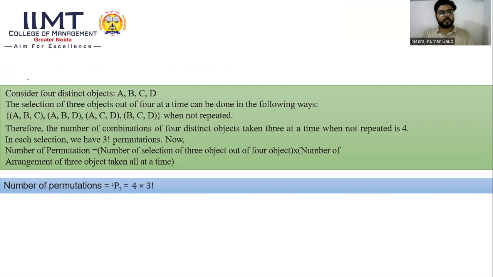Therefore, the number of combinations of 4 distinct objects taken 3 at a time when not repeated is 4. In each selection, we have 3 factorial permutations. Now the number of permutations is equal to the number of selections of 3 objects out of 4, multiplied by the number of arrangements of 3 objects taken all at a time. So the number of permutations will be 4P3, which is 4 into 3 factorial.